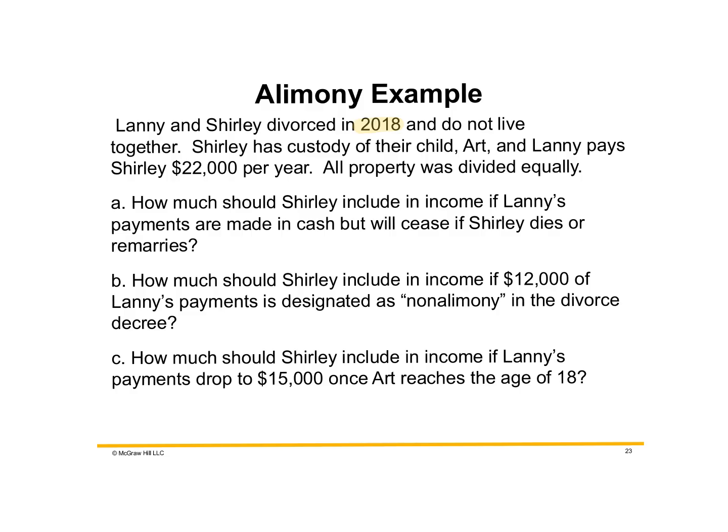So scenario A, how much should Shirley include in income if Lanny's payments are made in cash, but will cease if Shirley dies or remarries? So here, the amount that is includable in Shirley's gross income as alimony is $22,000.